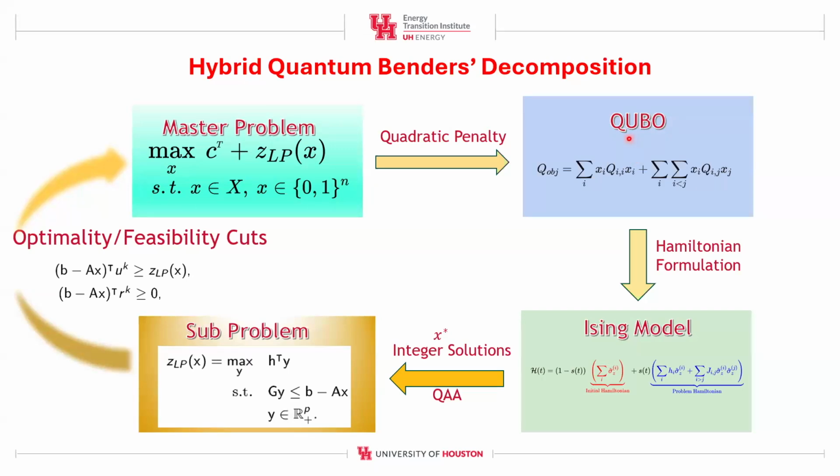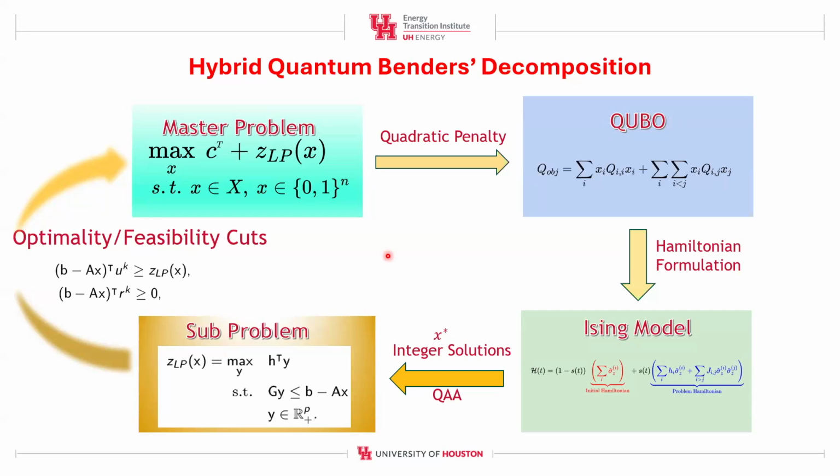Once we have this QUBO problem, we can map or embed it using a Hamiltonian and get an Ising model. And this Ising model we can solve on the quantum system by using the quantum adiabatic algorithm, which gives us an integer solution. This integer solution will be provided to the subproblem. The subproblem is solved on the CPU, and we get an optimality cut or feasibility cut to help cut off the non-optimal integer solutions. These slides give us the overview of how we embed quantum computing inside the Benders decomposition framework.